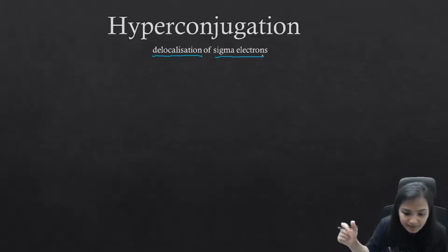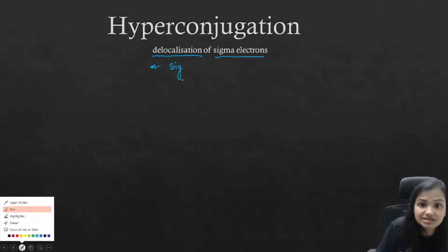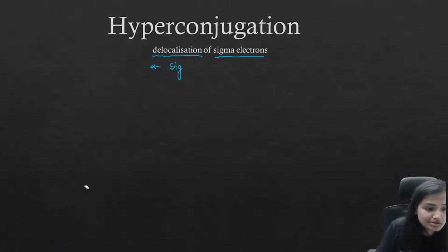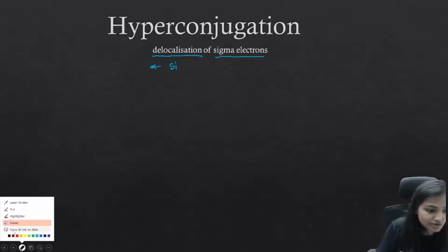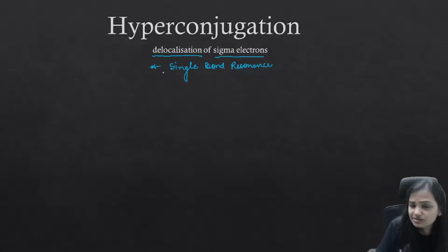What does this mean? This is also known as single bond resonance, because here we are talking about the sigma electron. So this is also known as single bond resonance or no bond resonance, as we sometimes say.